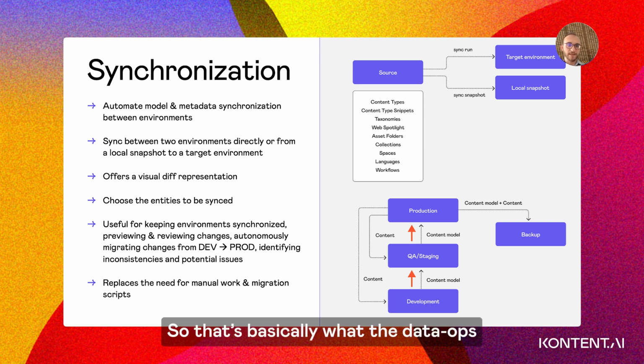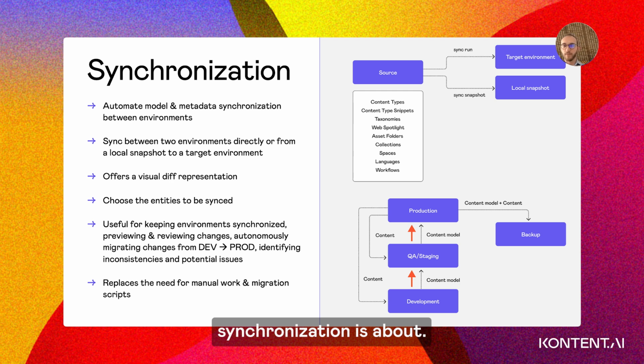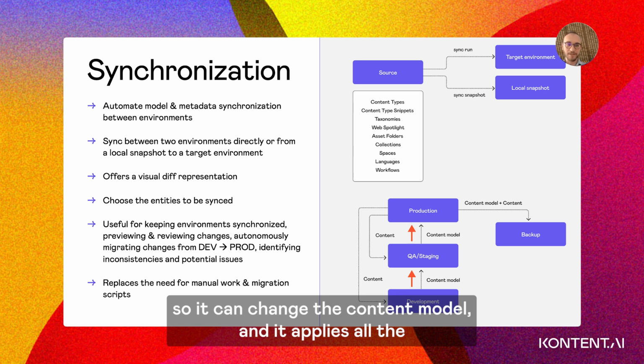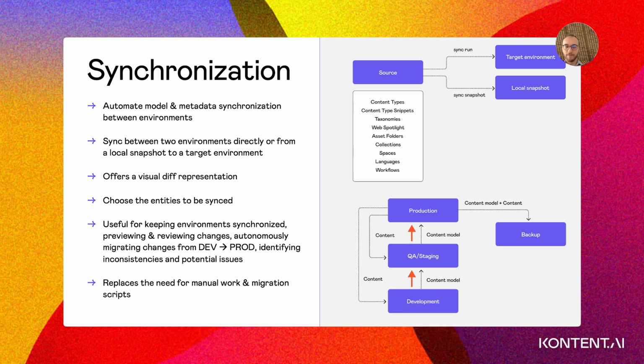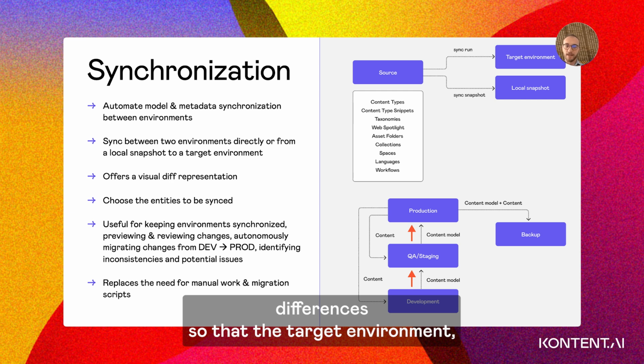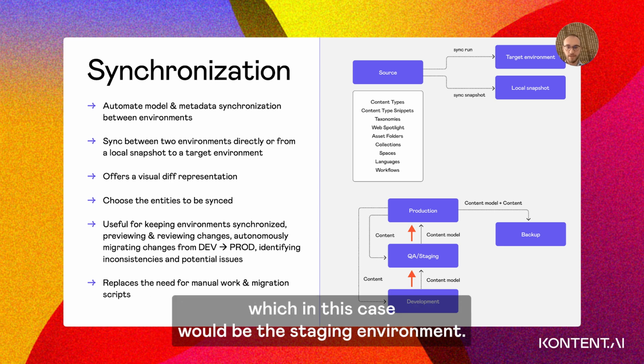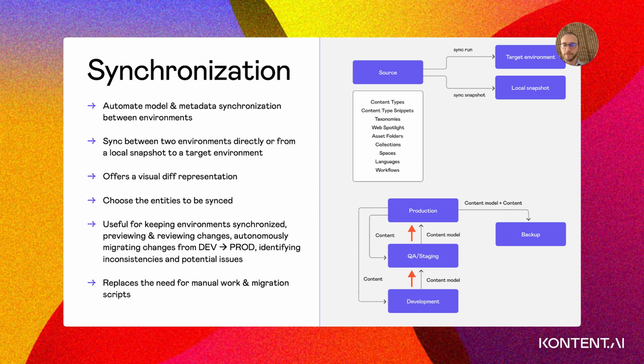That's basically what the data ops synchronization is about. It takes one environment and another environment, with the API keys, so it can change the content model, and it applies all the differences so that the target environment, in this case production, is the same as the source environment, in this case the staging environment.